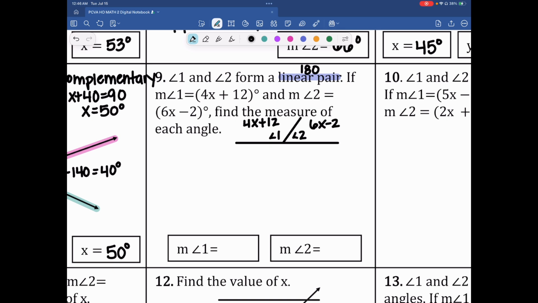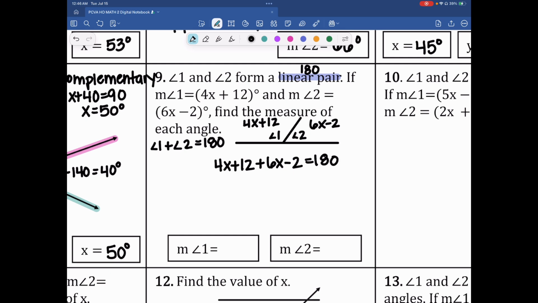So before we do that, we have to find x. So what I can do is set up an equation that shows angle 1 plus angle 2 equals 180. So we know angle 1 is 4x plus 12 plus angle 2 is 6x minus 2, and that equals 180 degrees.